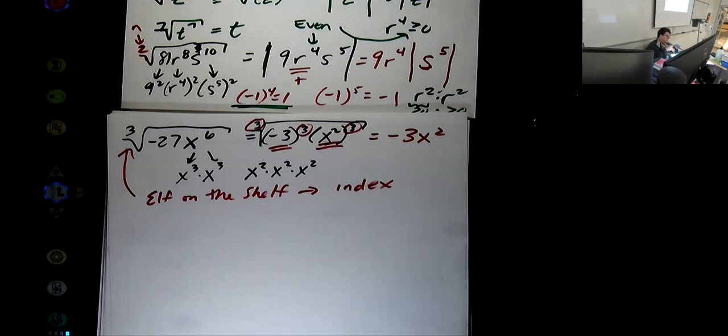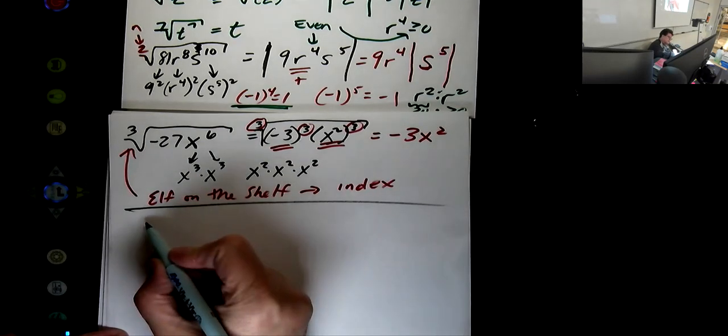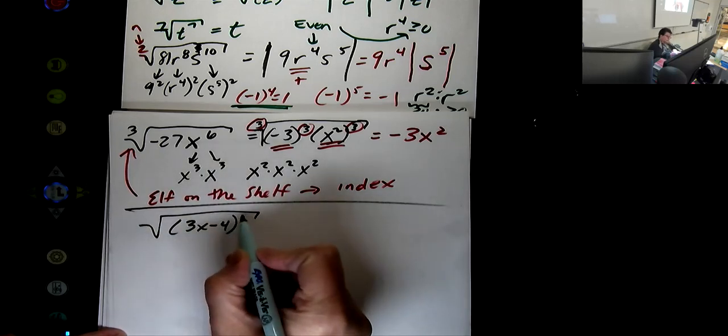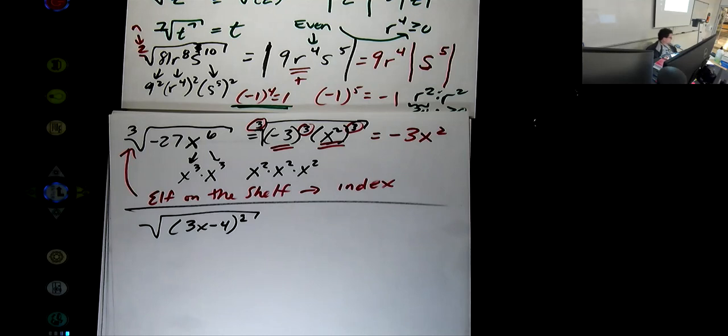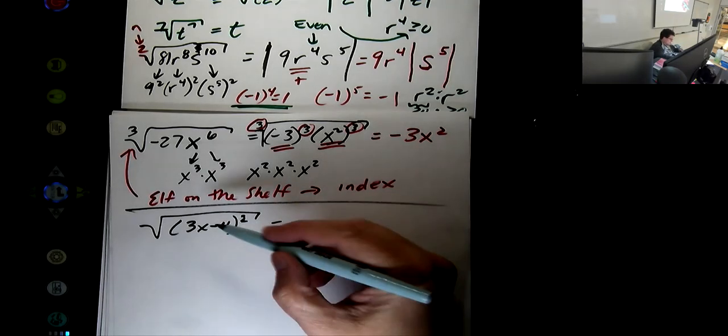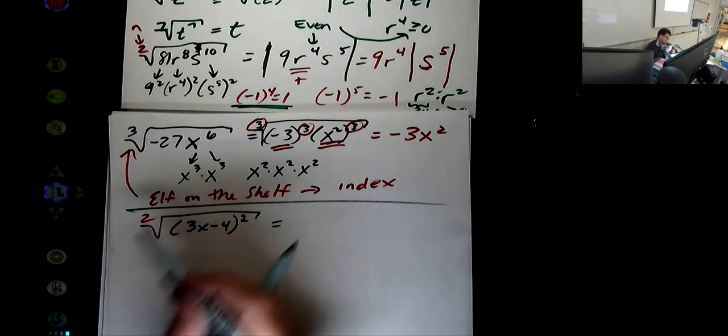This applies even if we have it looking weird. The square root of (3x minus 4) squared. Since we can't see the index outside, it's an invisible 2.